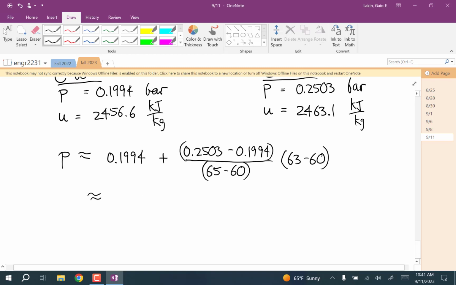And you get an approximate value of 0.2299 bar.